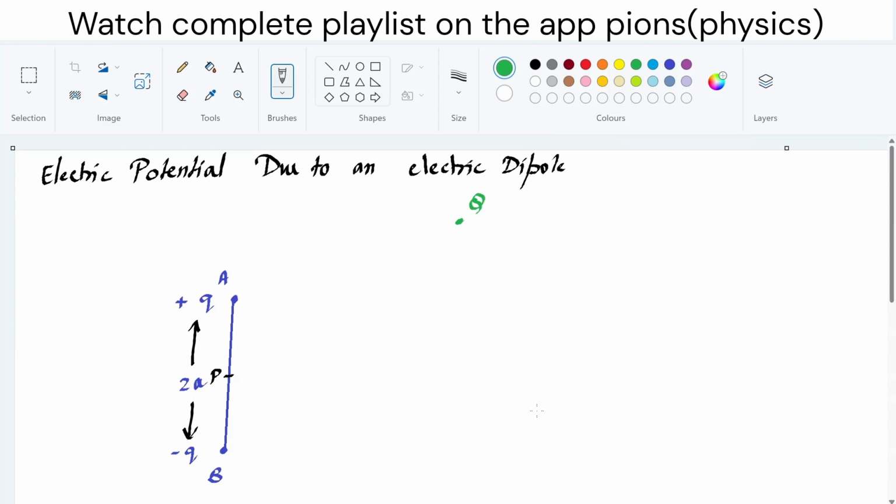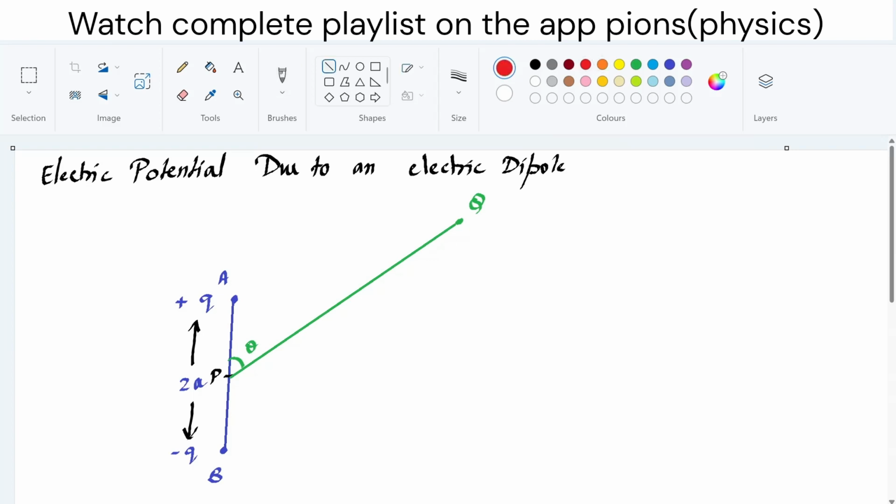Now be very careful. In the first chapter, we took this point on the perpendicular bisector, the axial point or equatorial point, and we were finding the electric field. In this chapter, we are finding it at any point, neither on the equatorial plane nor on the axial plane. It is at any point inclined at any angle theta from the center of the dipole. So let's draw a line here, and this angle is theta.